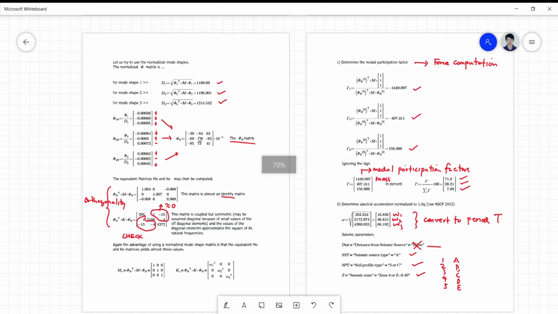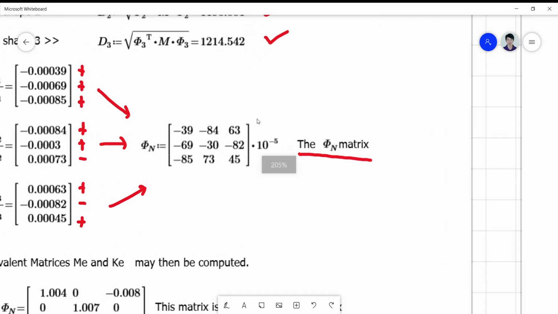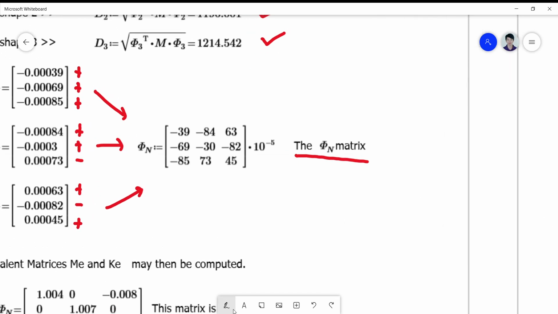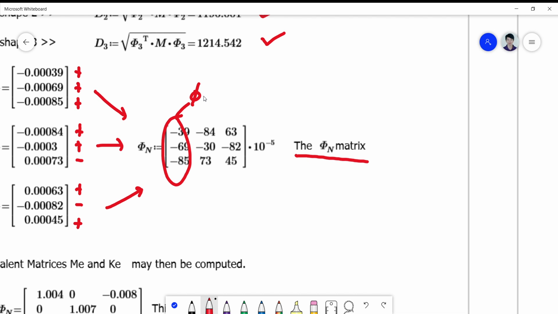This is the phi I1, the phi I2, and the phi I3.